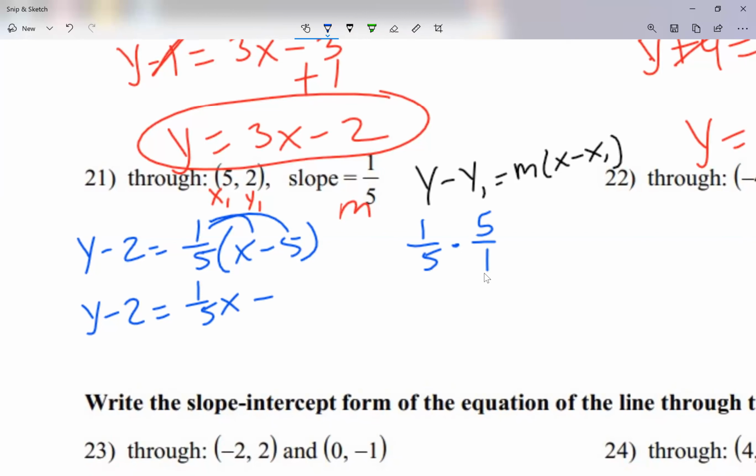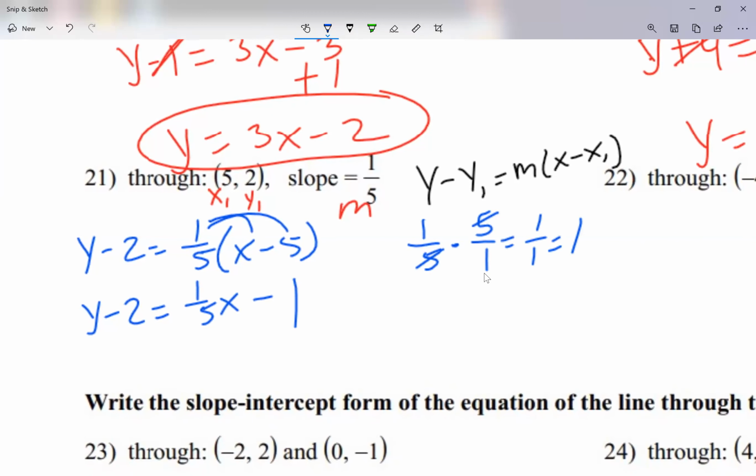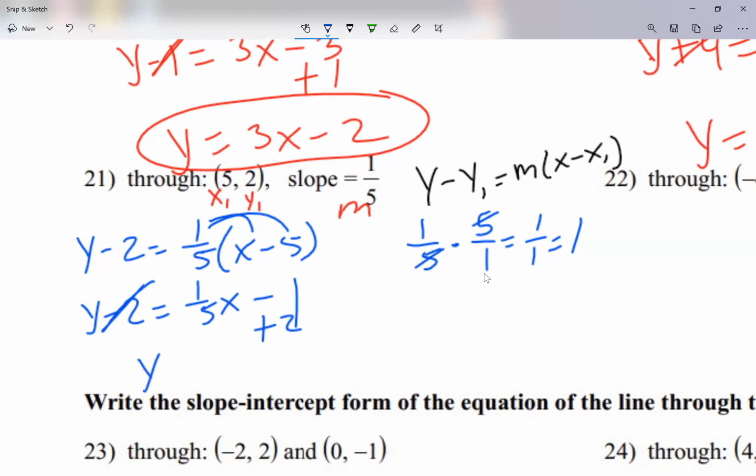My 5, I made it into a fraction. These 5's cancel out, so I get 1/1, which simplifies to just 1. Okay. Now, to get the y by itself, this minus 2, let me move it to the other side as a plus 2. So I get y is equal to 1/5 x plus 1.